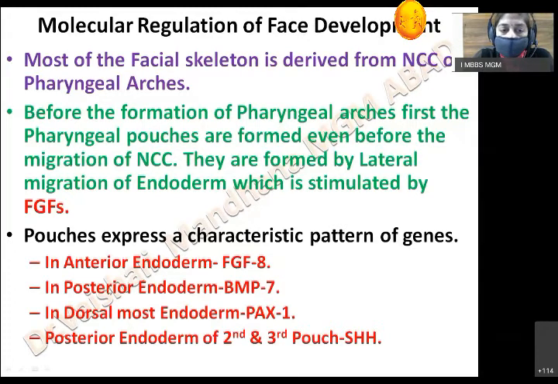In the posterior endoderm, they express bone morphogenetic protein 7. In the posterior most endoderm, that is the dorsal most endoderm, they express the PAX1 gene, and the posterior endoderm of the second and third pouch expresses the sonic hedgehog gene.